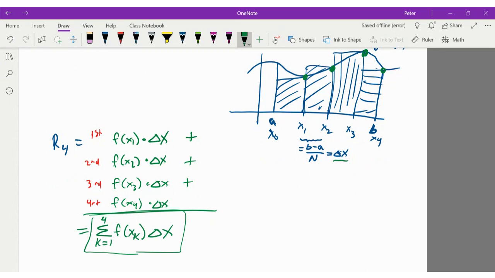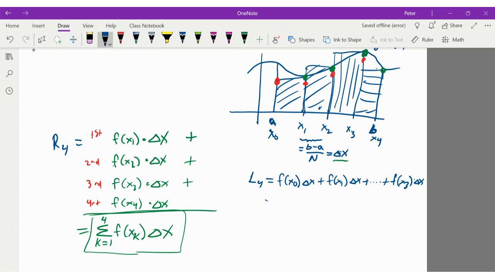And not surprisingly, for the left endpoint approximation, I'm going to be choosing instead this point, this point, this point, and this point. L4 is going to equal f of x0 delta x plus f of x1 delta x plus dot dot dot f of, I'm only going to go up to x3 delta x.